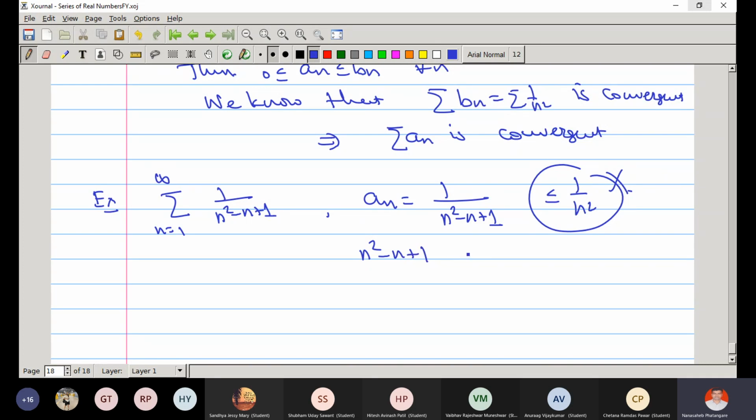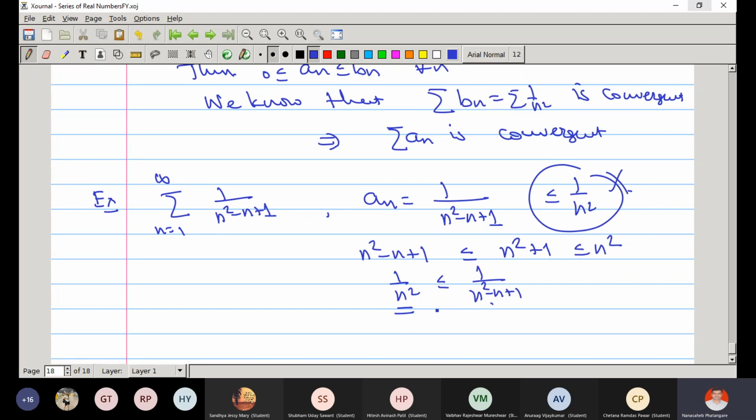This number is less than or equal to n square plus 1, or this is less than or equal to n square. But this is not useful, because then what will happen? n square is less than or equal to 1 by n square minus n plus 1. This is not useful. We know that if the larger thing converges, then the smaller thing converges.